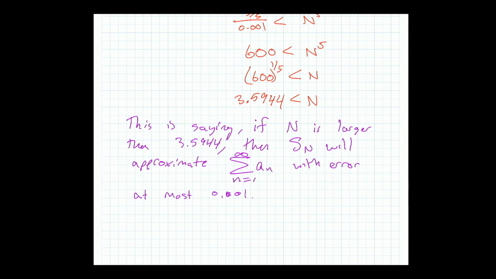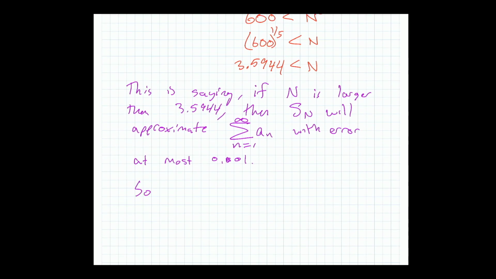So what n do we use? Well, you can't use 3.5. That doesn't make sense. So we'll use n equals 4 and compute S4.